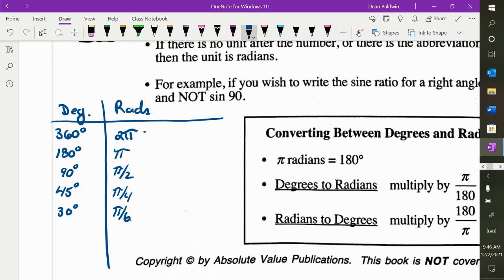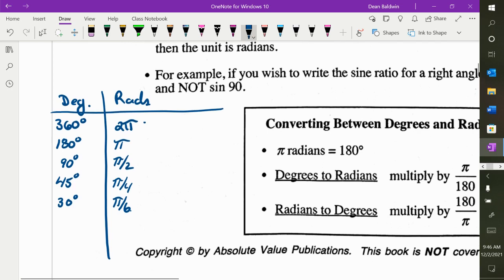And if 180 is pi, 30 is pi over 6. 180 divided by 6. What is 60 degrees? Pi over 3, because there's 3 60-degree angles in 180.